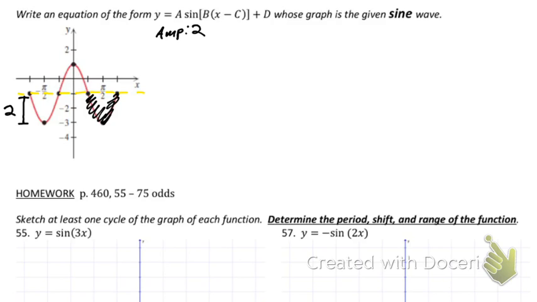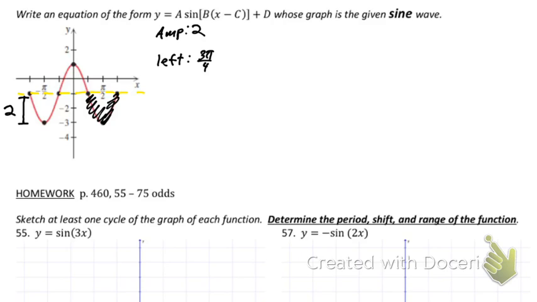You want to venture a guess how far left or right I've shifted this? Yeah, Daniel. 3 pi over 4 to the left. Is it 3 pi over 4 to the left? Should we go with that and see if it works? Left, 3 pi over 4. Well, let's check. So this is pi over 2, right?